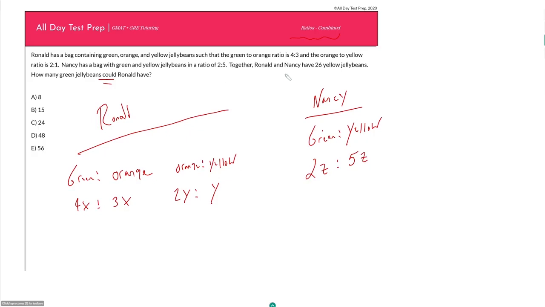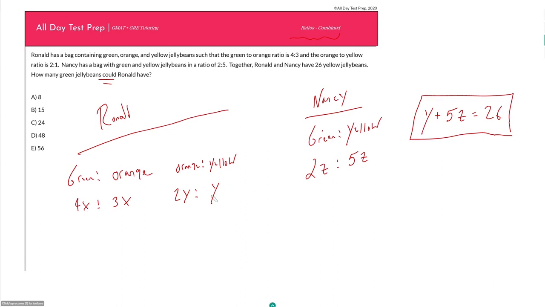Then they say together, Ronald and Nancy have 26 yellow jelly beans. So that is y plus 5z is equal to 26. And then we need how many green jelly beans Ronald could have, which means what could be the value of 4x. So they give us information about y and z, and then they ask us something about x.